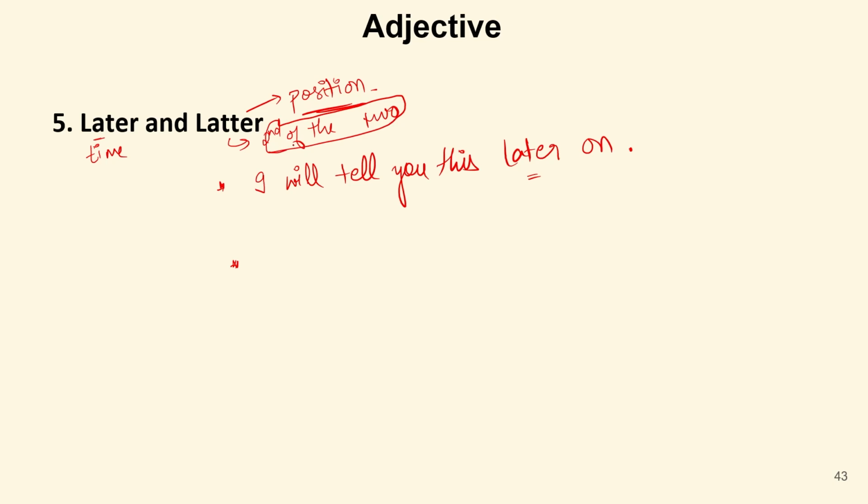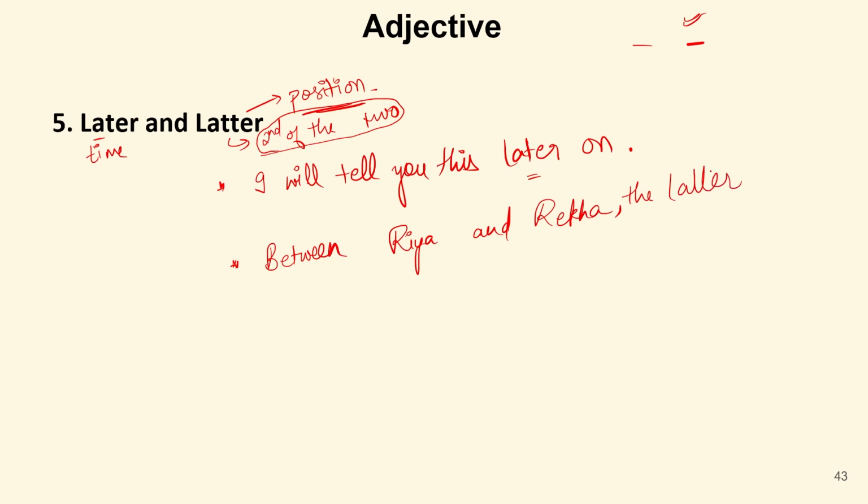Suppose we have two options, and I'm talking about the second one. This is called latter. For example, between Riya and Rekha, the latter dances well.